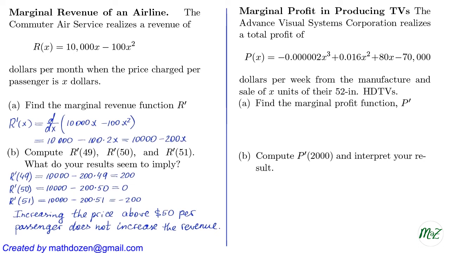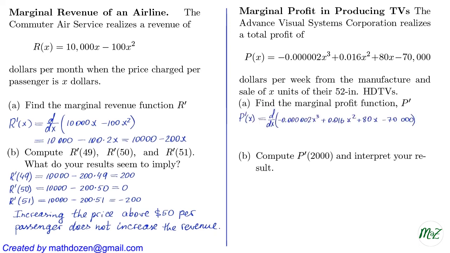Now, if we look at the problem on the right, we talk about marginal profit. So we have the function for the profit that happens to be this complicated cubic polynomial. It has negative really small number times x cubed plus smallish number times x squared plus 80x minus 70,000. In this case, x is the number of TVs being produced.